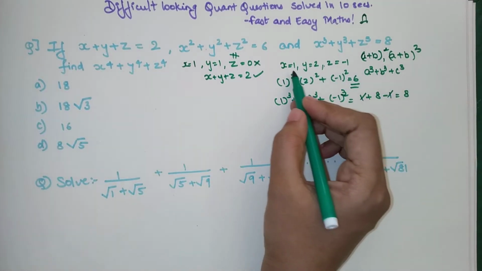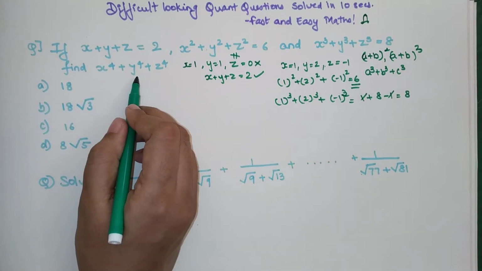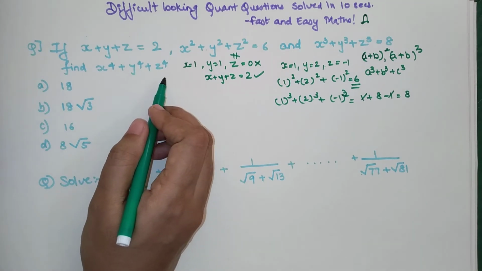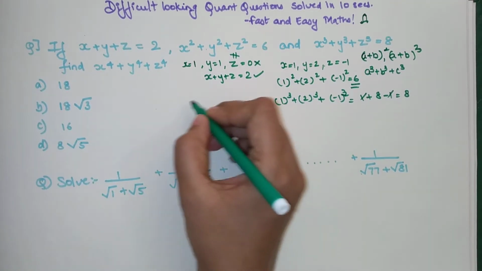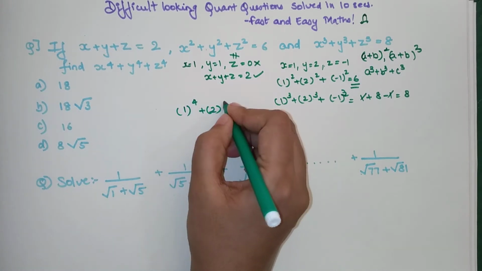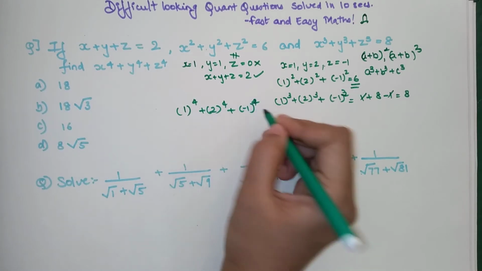So I can use these values and put them in the expression which you need to find, that is nothing but x raised to 4 plus y raised to 4 plus z raised to 4. So let's put it there. 1 the whole raised to 4 plus 2 the whole raised to 4 plus minus 1 the whole raised to 4.